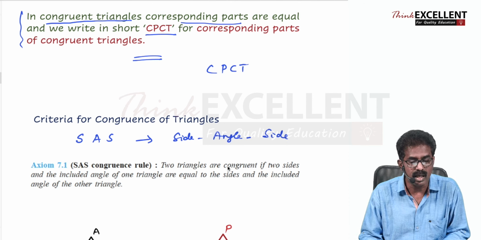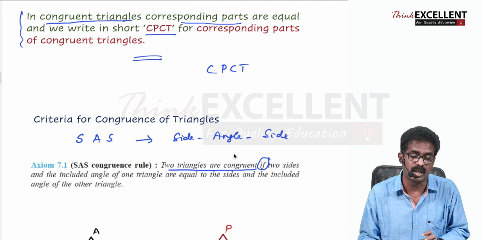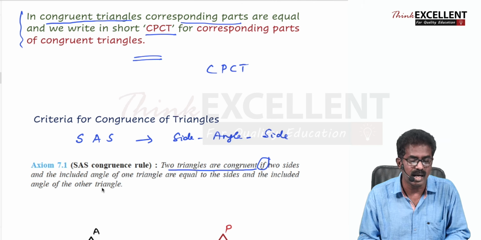Two triangles are congruent if, see the condition. So when can you say two triangles are congruent? Two triangles are congruent if two sides and the included angle of one triangle are equal to two sides and the included angle of the other triangle.